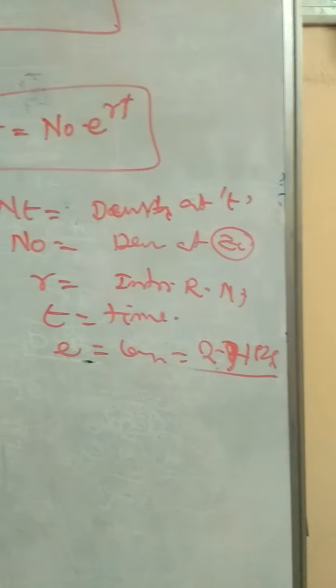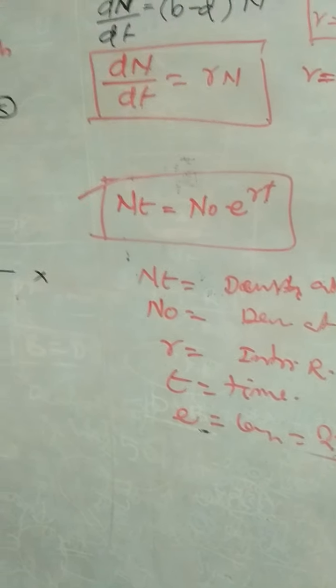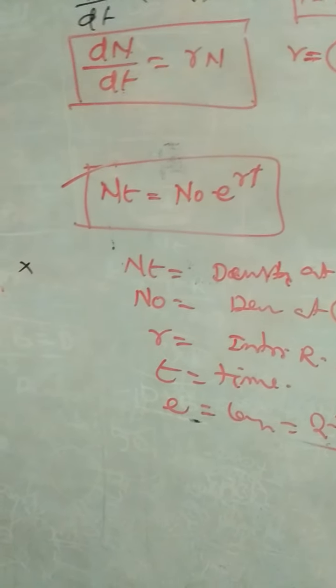This is the integral formula of Nt is equal to N naught e power rt. That is about exponential growth or J-shaped growth curve.